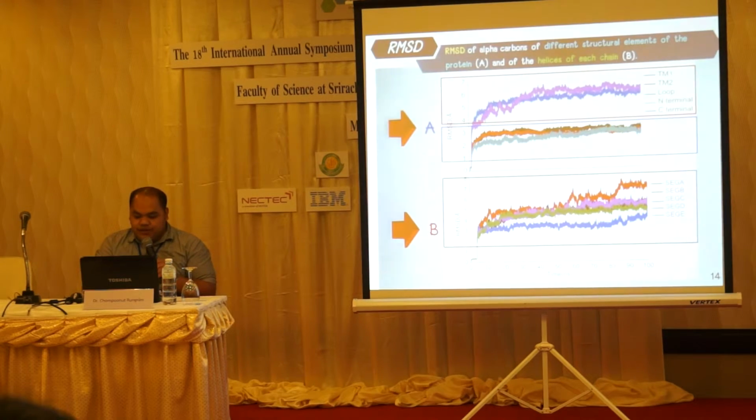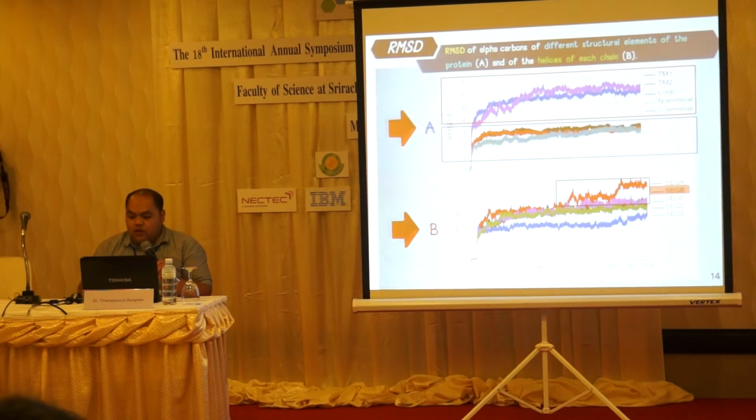But for segment B, you can see the increase of the RMSD value to 6 to 8 angstrom, which may be the motion of EcoMscL and an asymmetric motion of the system.